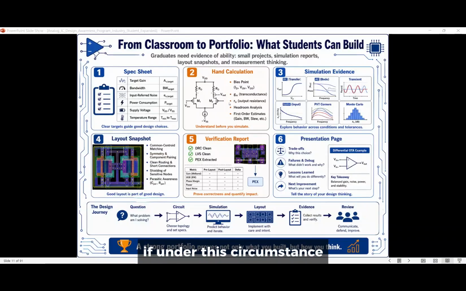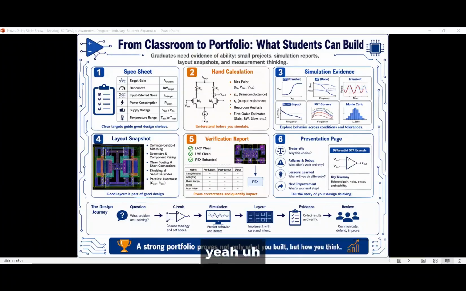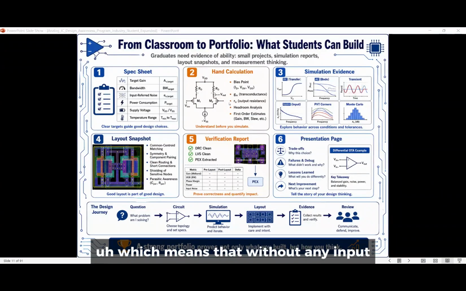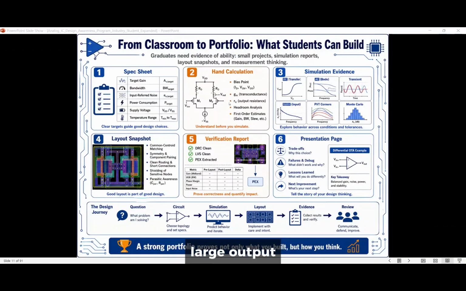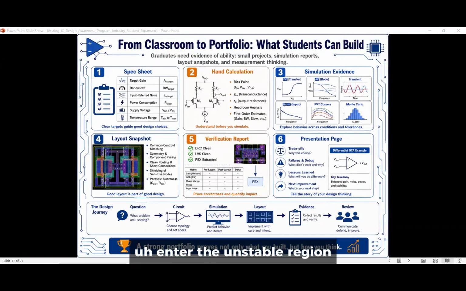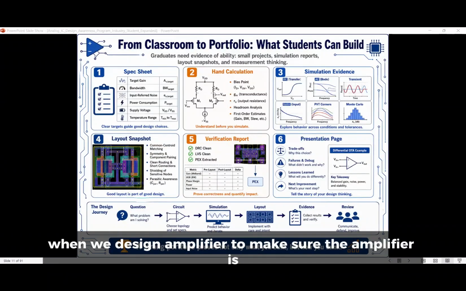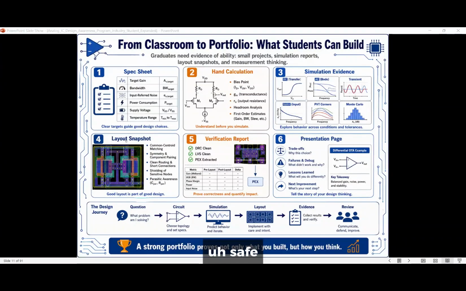If under this circumstance you can still observe an output, this amplifier may have gone into the unstable region, because the circuit becomes a self-start circuit, which means that without any input you have a large output. So the transient simulation is useful when we design an amplifier to make sure the amplifier is safe, right?